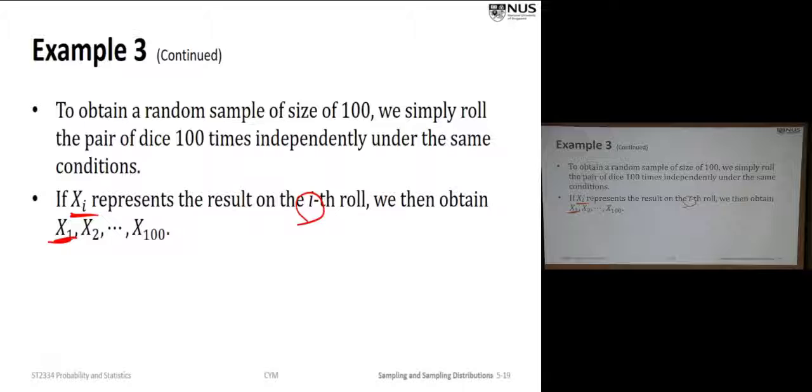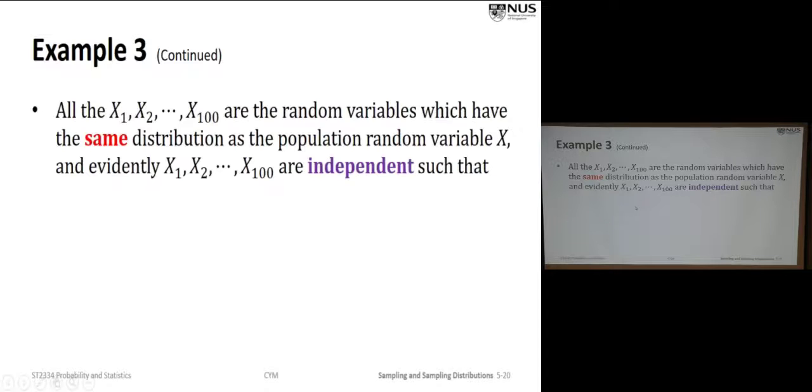Each xi is a random variable. It represents the sum of the roll. So xi can be 2, can be 3, up to 12, and they have corresponding probabilities which were given in the last slide. Because all these are random variables and they have the same distribution, it doesn't matter whether it's the first roll or the 100th roll, they are coming from the same distribution.